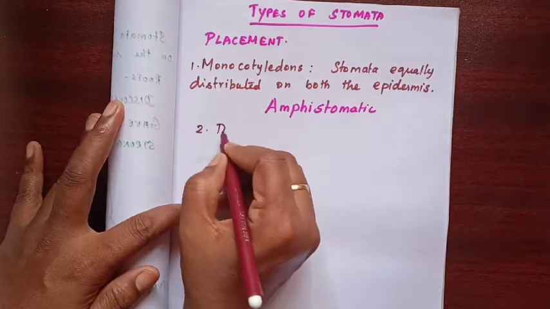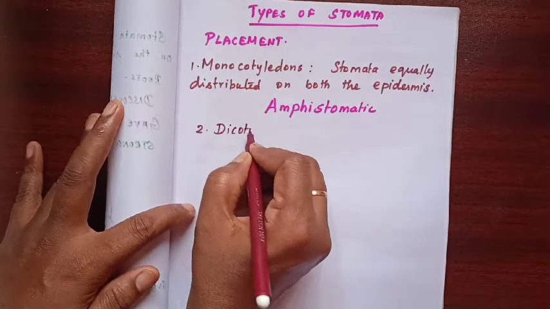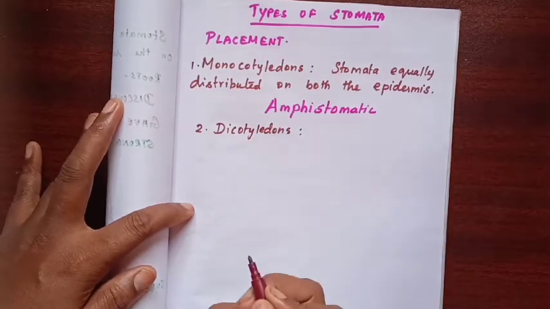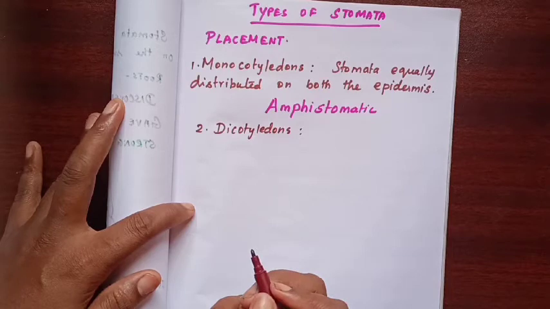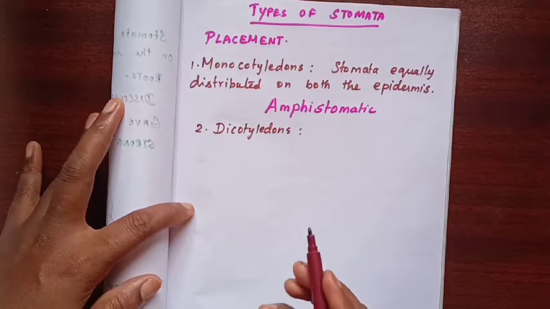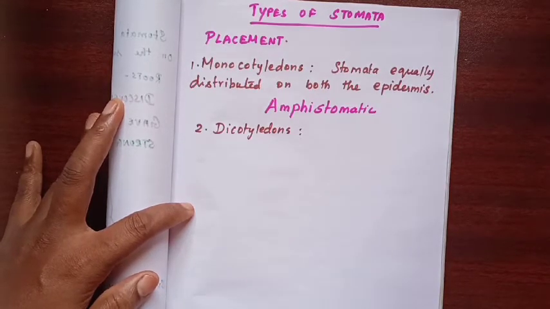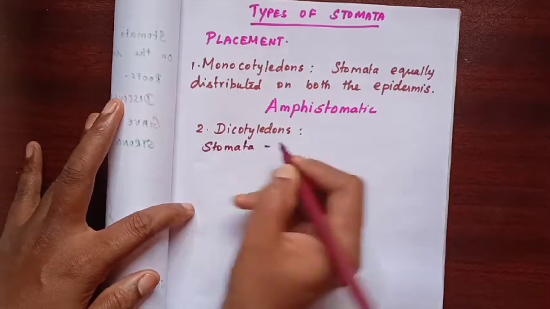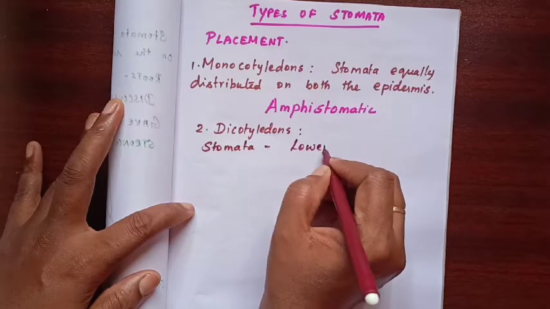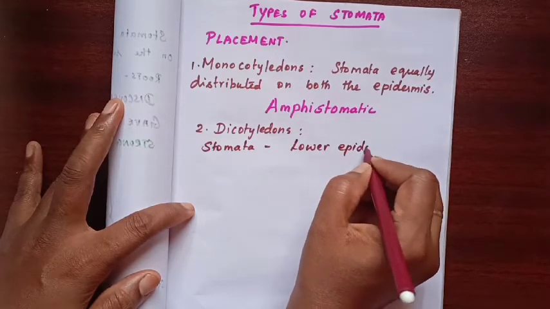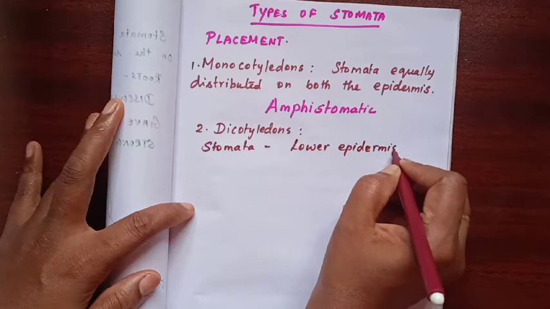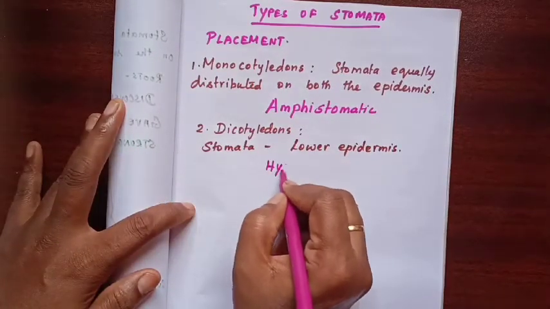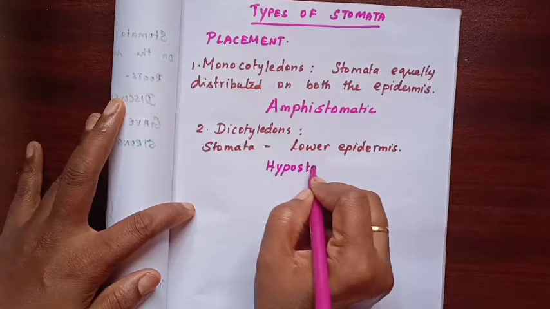Next, coming to dicotyledons. Here already we know the shape of the stomata in dicotyledon is bean shaped or kidney shaped. So here most of the stomata is found on the lower epidermis. So the word for lower is hypo. It is hypostomatic.